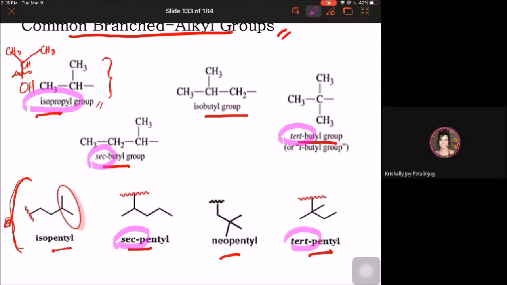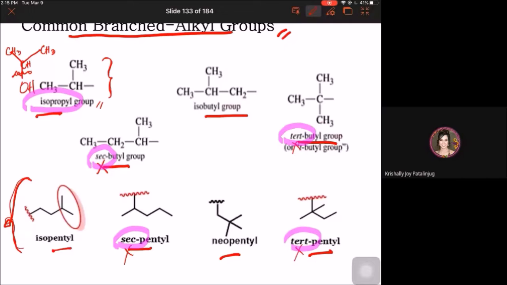Kapag hyphenated, may hyphenated prefix from that name of alkyl group, do not consider, never consider these prefixes na tert, sec, okay, as part of the alkyl group name. Okay? Hindi sila parte ng alkyl group name in this part.